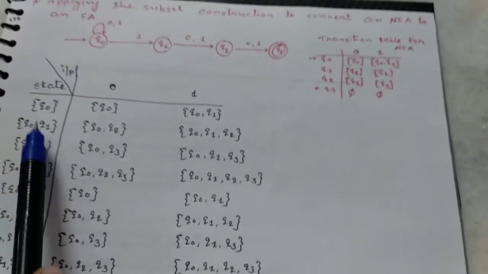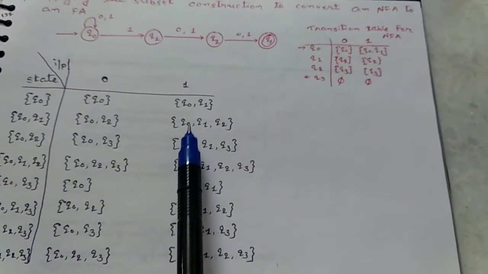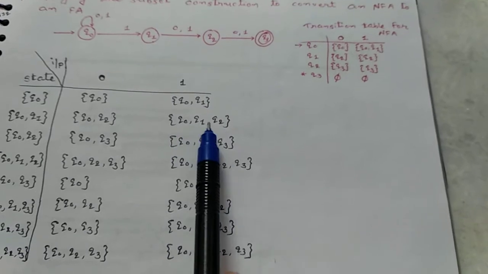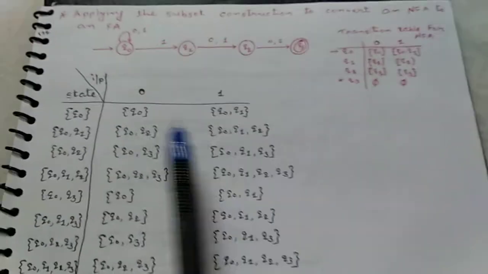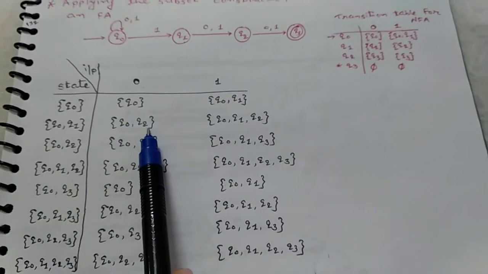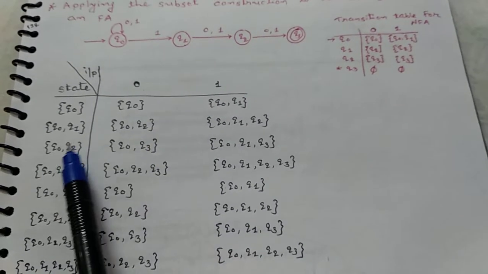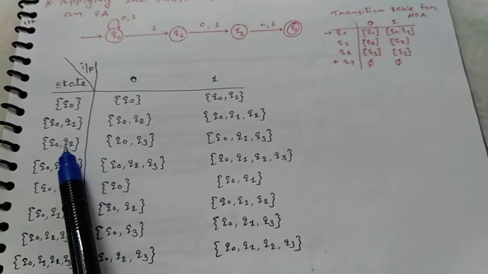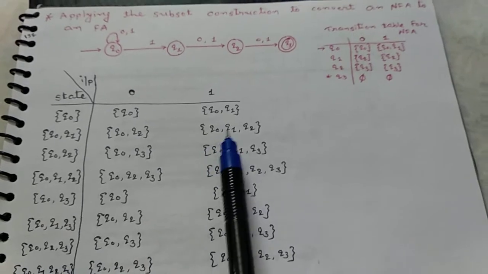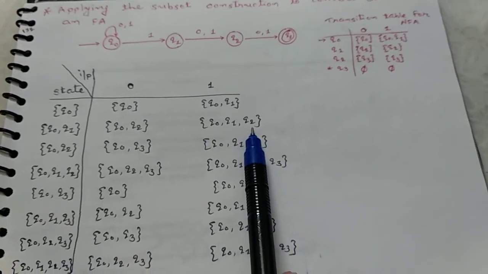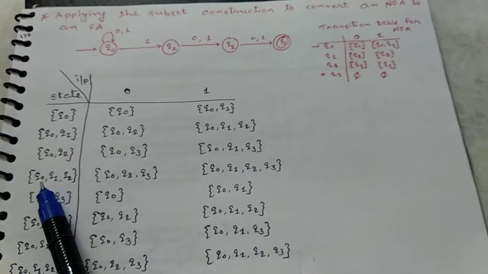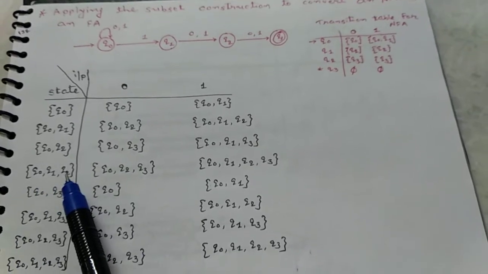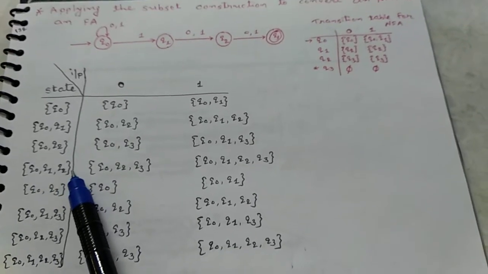So Q0, Q1 on 1 is equal to Q0, Q1, Q2. Here Q0, Q2 is a new state, so consider that as an input state. Q0, Q1, Q2 is also a new state, so next consider Q0, Q1, Q2 as a new state.